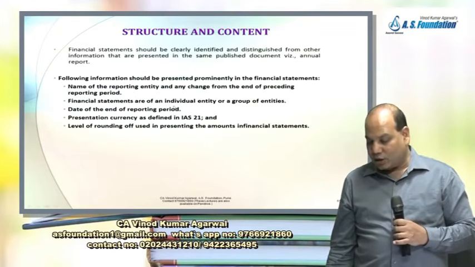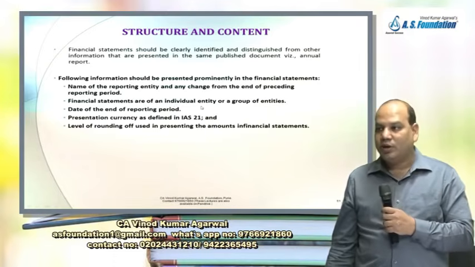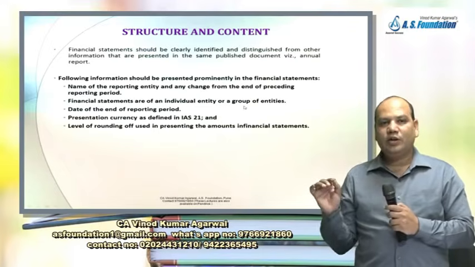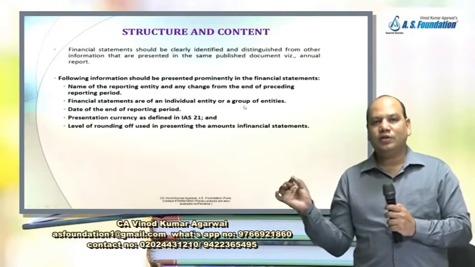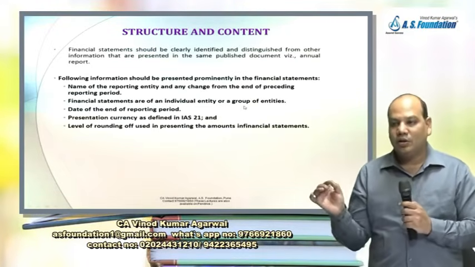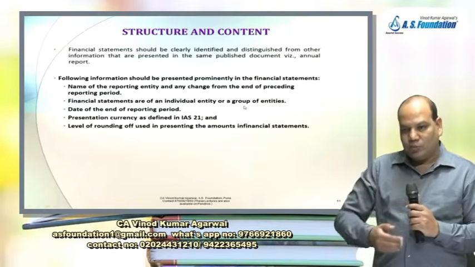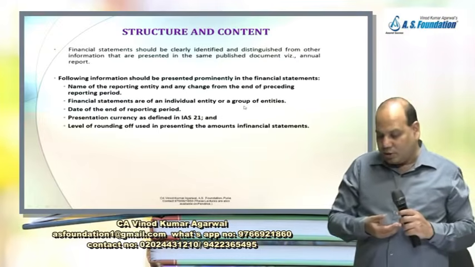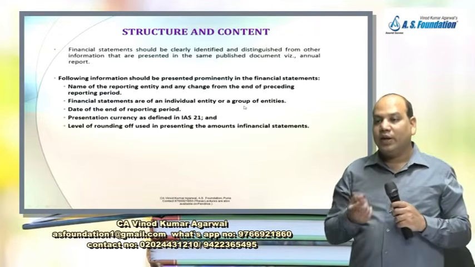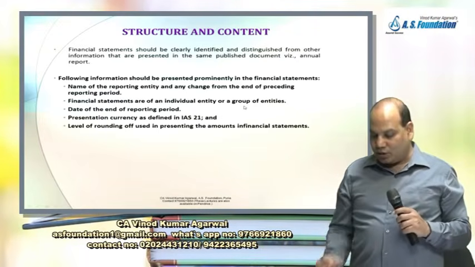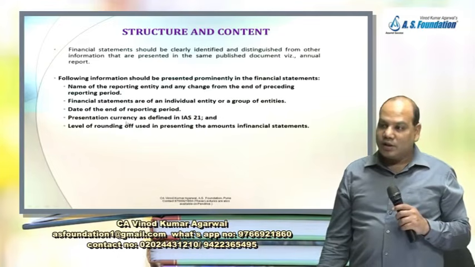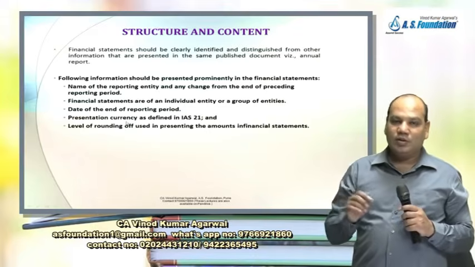Financial statements are whether it is an individual entity or a consolidated entity. So you will find they write like this: stand-alone financial statement, or they write consolidated financial statement. So the moment you read it, you will understand it is either a stand-alone or a consolidated statement. Then you will always write the date, which period it covers. Then you will always write the presentation currency, in which currency you are preparing.